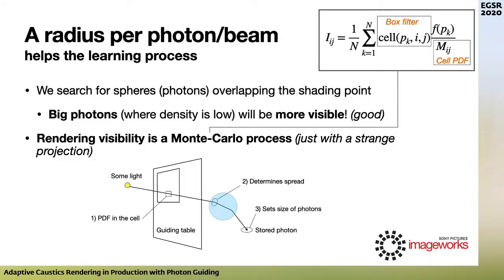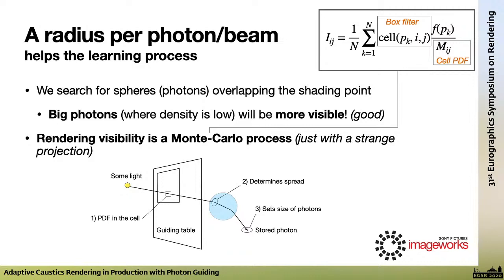That's going to define also the visibility signal, which is basically the throughput of the photon over the probability of shooting the photon towards that direction. And that's what gives us the visibility signal. This is just one more Monte Carlo estimation with a very strange projection, which instead of projecting to camera, we're projecting to the cell the photon came from in the guiding table.